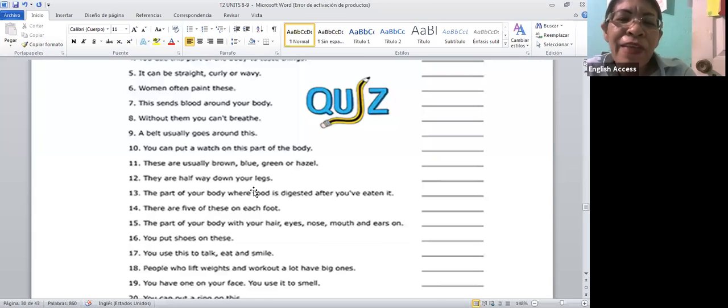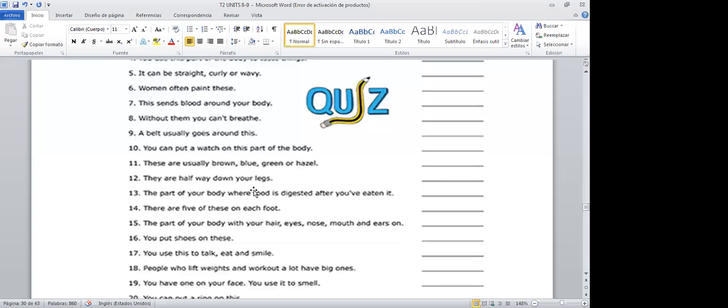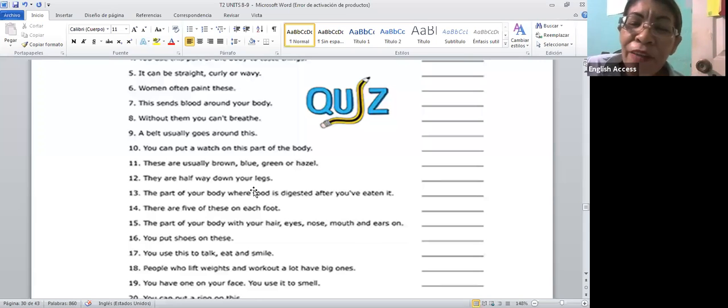Number 12. They are halfway down your legs. Knee? Knees, yes, your knees. Okay. 13. The part of your body where food is digested after you've eaten it.